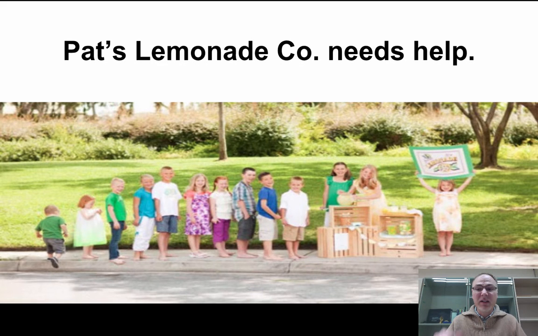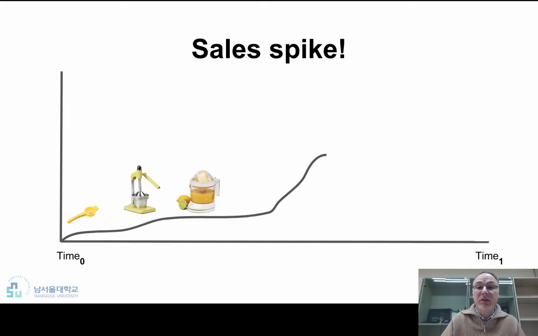So as sales grew, it became clear that there was an upper limit to how much lemonade could be sold at Pat's lemonade stand. And so he needed to create more stands and more places for lemonade to be sold.